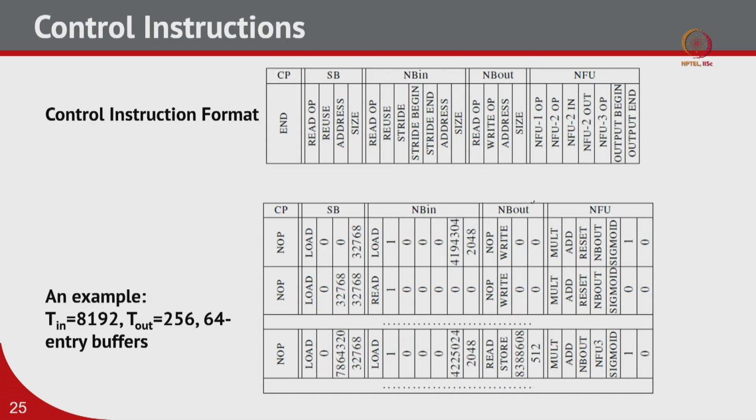So, similarly, in this particular accelerator architecture, in DianNao also, the authors proposed a bunch of control instructions. You can think that it is nothing but the instruction set, right. So, this is the format of the instruction. You can see there are instructions for the synapse buffer, NB in, NB out, NFU, and each entry shows what to put for that particular hardware component.